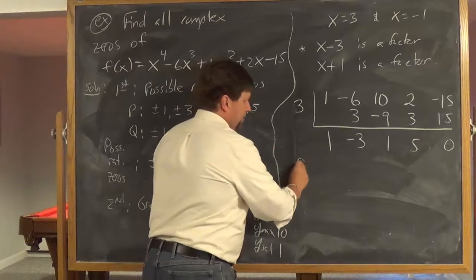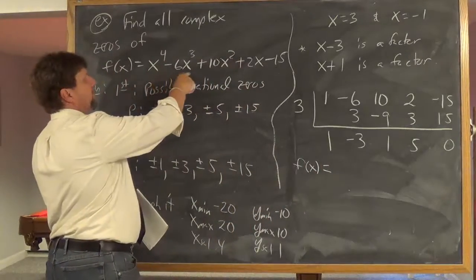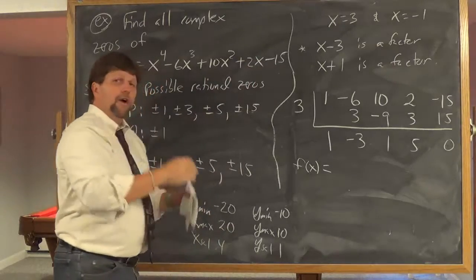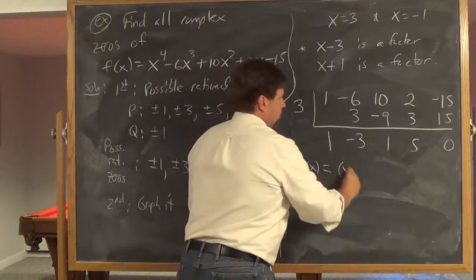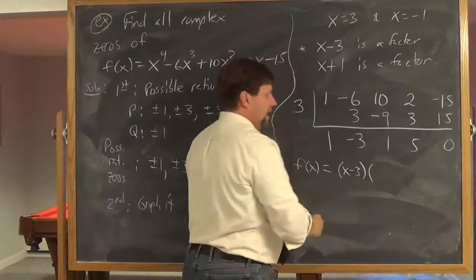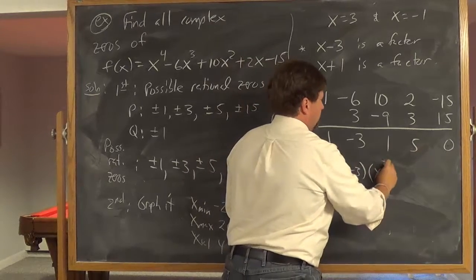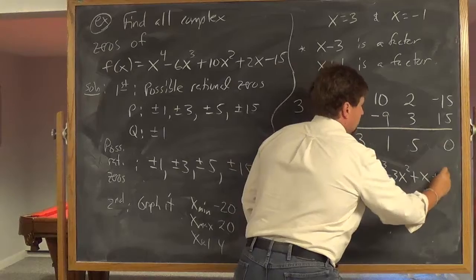We know that our original function, x to the fourth minus 6x cubed plus 10x squared plus 2x minus 15, factors to x minus 3 times, and that's the quotient, x cubed minus 3x squared plus x plus 5.